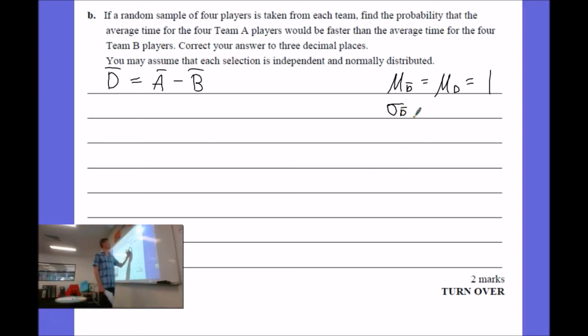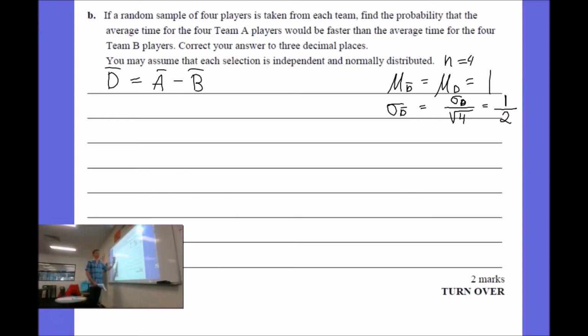Well, what does that give us? We get the standard deviation of D divided by the square root of how many are in the sample. We've got n equals 4 in the sample. We're going to divide by the square root of 4. Yeah? So the standard deviation of the population of differences D was 1, and now we're at 1 over 2, so we get a half.